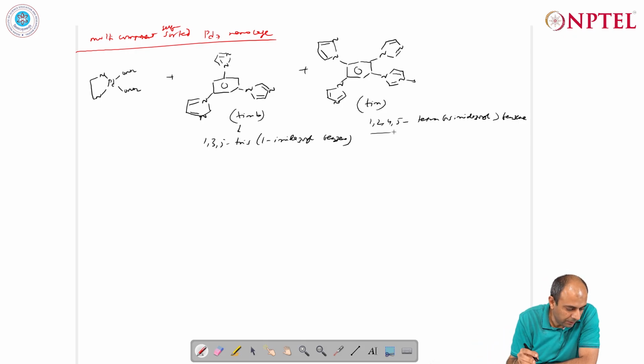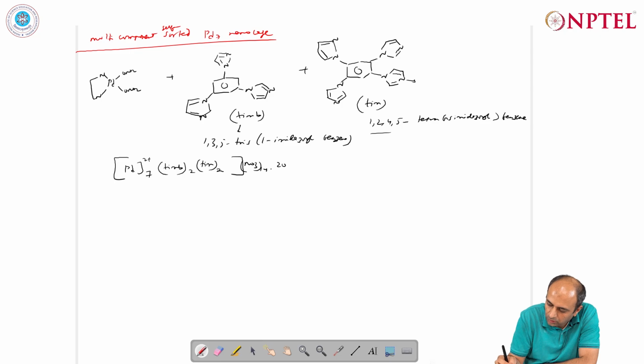So, it forms a barrel like structure, where the composition of the barrel is we have the palladium 2+, which are 7 units, we have TIMB which is 2 units, and TIM that is 2 units, total nitrate and water.